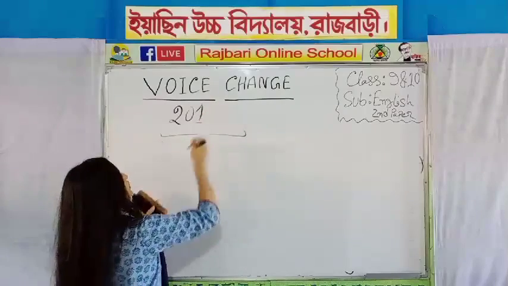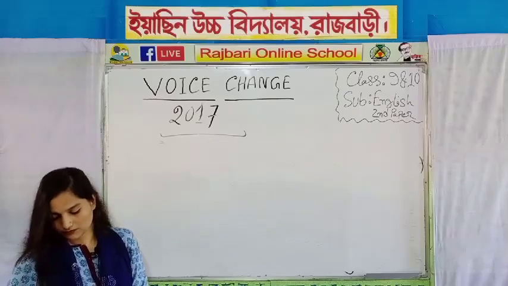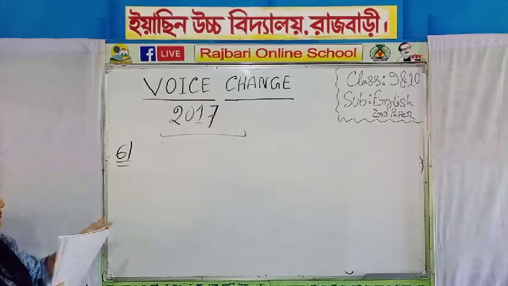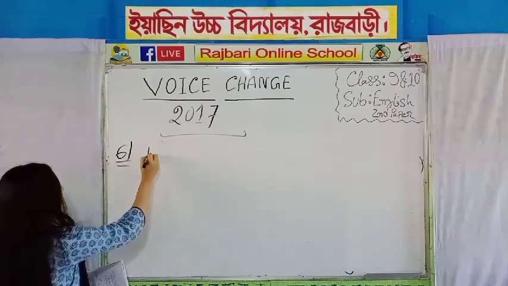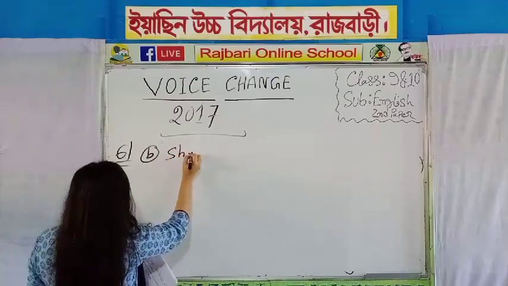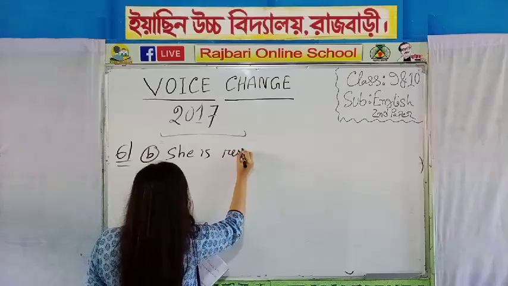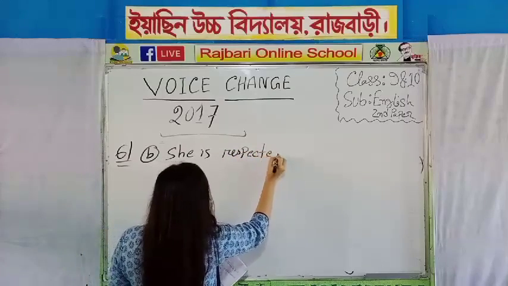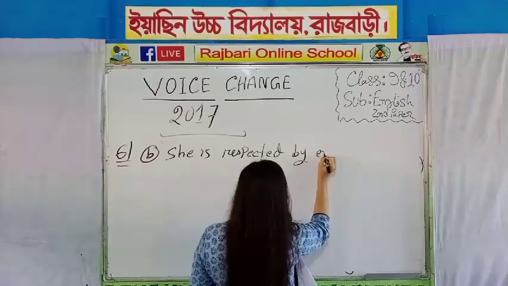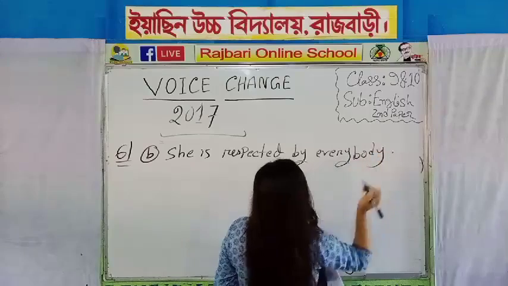Question number 2017, Dhaka board. So here, question number 6, sentence B. The first sentence is, she is respected by everybody.